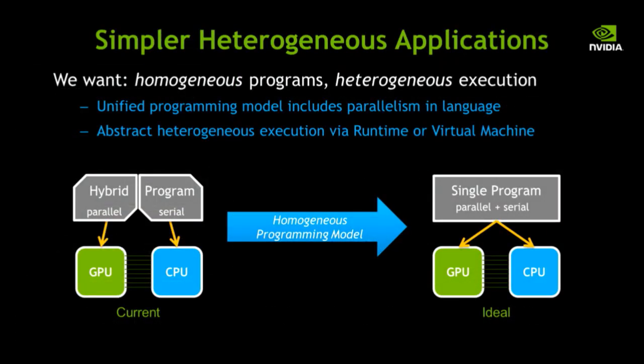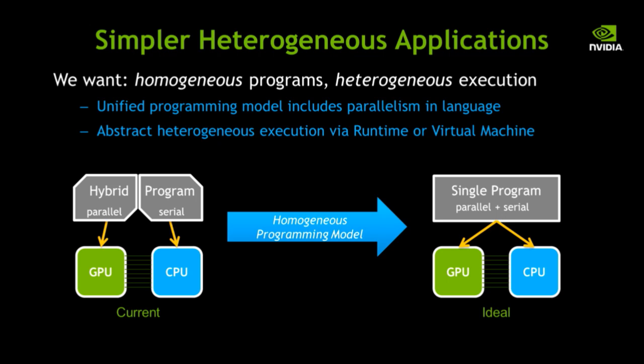What we'd like is to simplify heterogeneous application development. So today, we have the picture on the left, which is this kind of hybrid programming where you have explicit heterogeneous programming. You have explicit notions of CPU code and GPU code, CPU memory and GPU memory. But we'd like you to be able to write homogeneous programs that execute on heterogeneous systems.